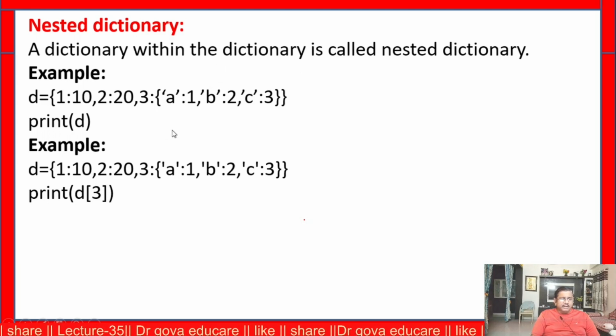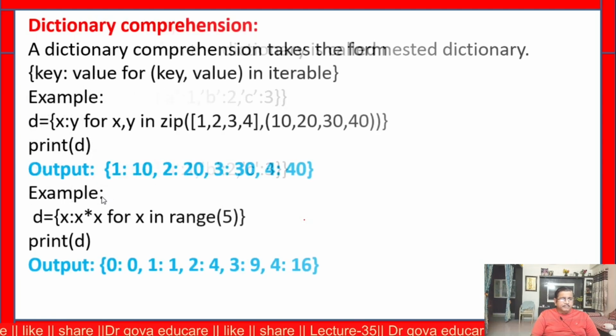It is called a nested dictionary. Another example: 1 is a key, 2 is a key, 20, 3 is a value. I want to display the value associated with the key, so print D of 3.